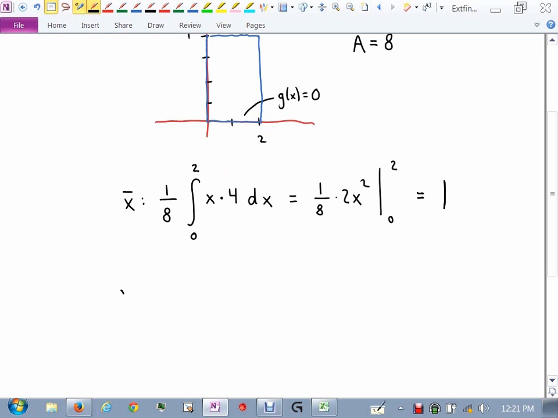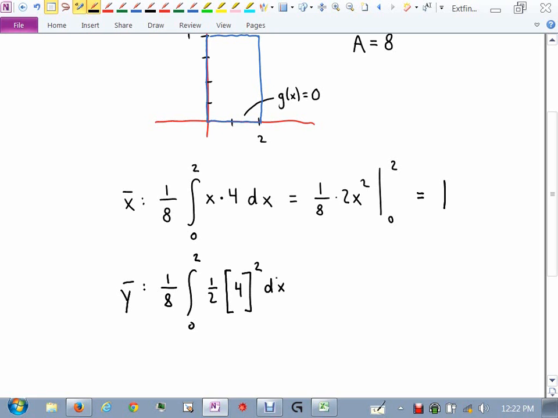Okay, and then let's do y bar. So 1 over 8, integral 0 to 2. This time it's not x, it's 1/2, and then it's the function, right? What's our function? 4, and then we want to square it, then dx. 4 squared is 16. 16 divided by 2 is 8.